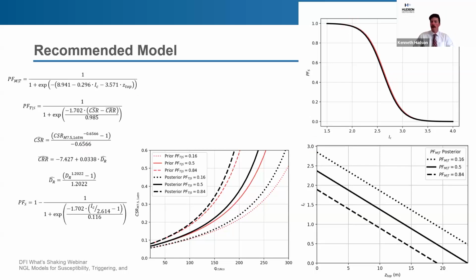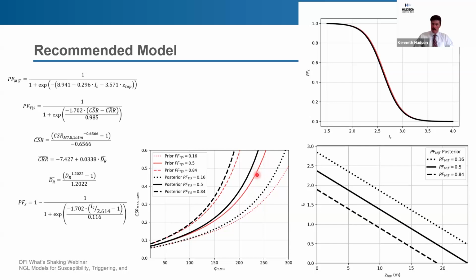The red is the prior assumption in the susceptibility and triggering models. And then the black is the posterior that came out of the case history data set. So this is really strongly data driven from case histories, even though it was based on prior laboratory information.